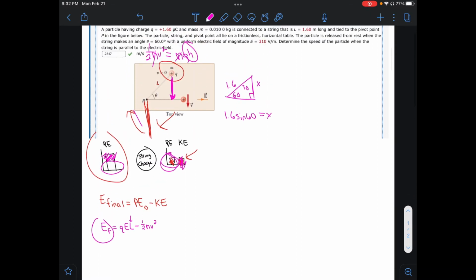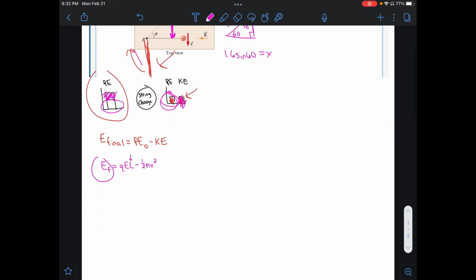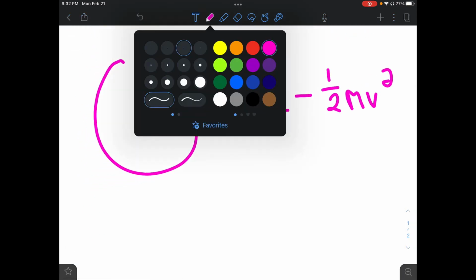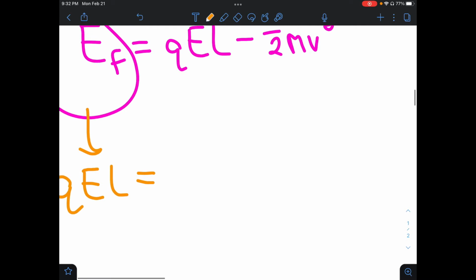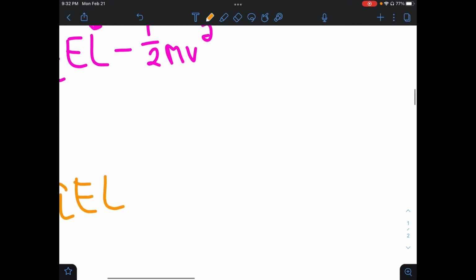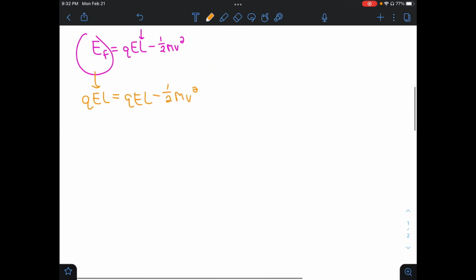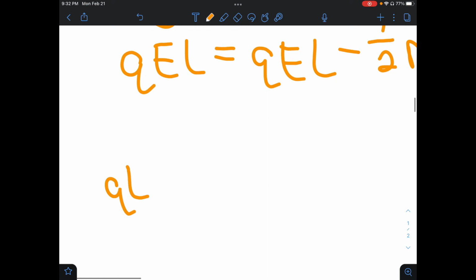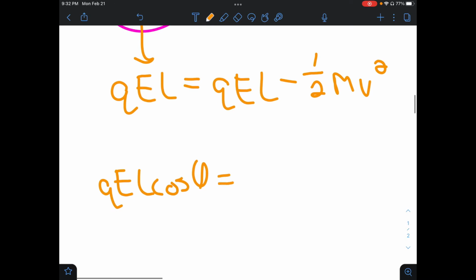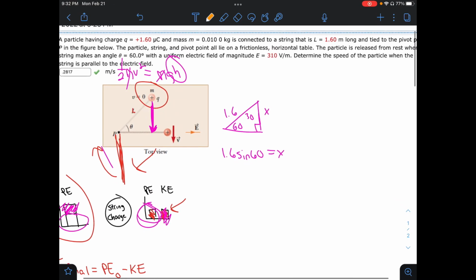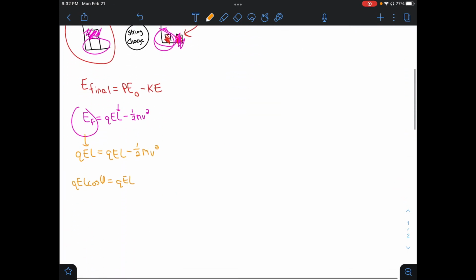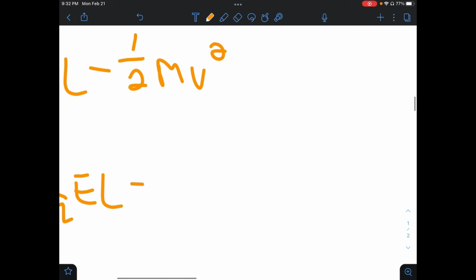Just to make that make sense, I should reiterate. This E_f is still potential, and this is potential, but they're not from the same heights. That was the whole reason I did that triangle up there. So this potential, if I didn't substitute numbers, would just be QEL cosine of theta, and then the actual QEL. The actual QEL minus 1/2 mv squared.